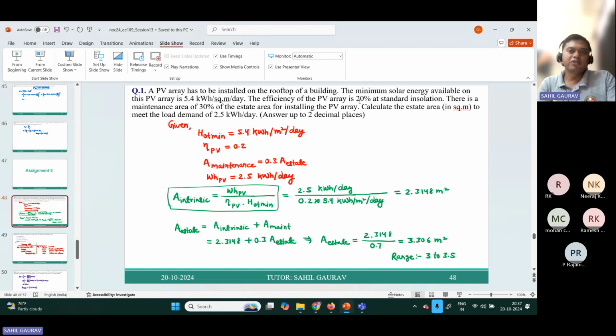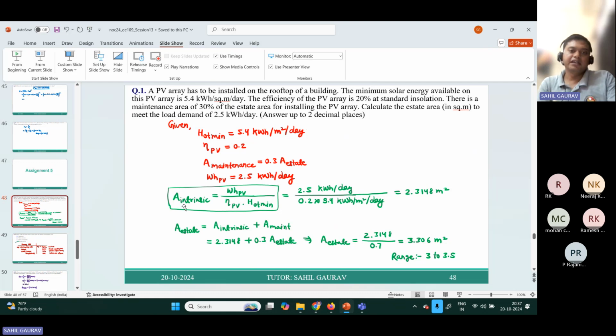The minimum solar energy available on the PV array is 5.4 kilowatt hour per meter square per day, and the efficiency of the PV array is 20%. Maintenance area is 30% of the total area. Calculate the total area to meet the load demand of 2.5 kilowatt hour per day.